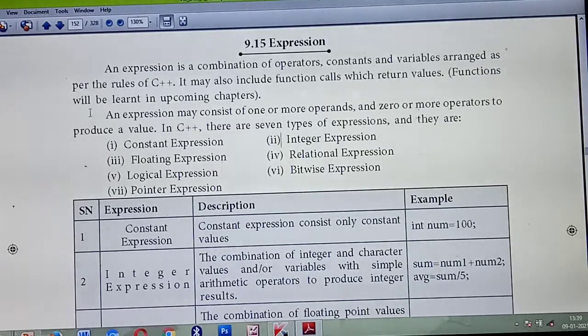How many variables are you using? x square and y square, so x and y, two variables. What's the constant you are using? That means the value 5. Understood? So we can say expression is a combination of operators, constants and variables. Understood? So everything will be arranged as per the rules.